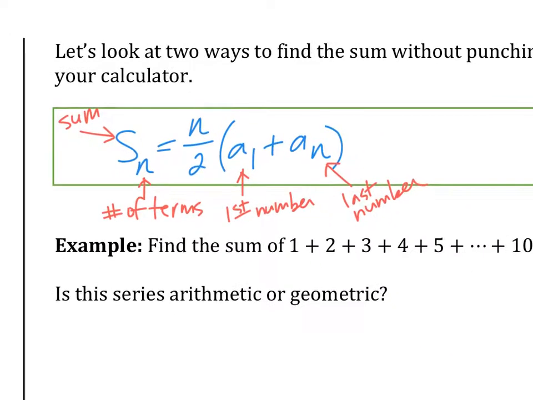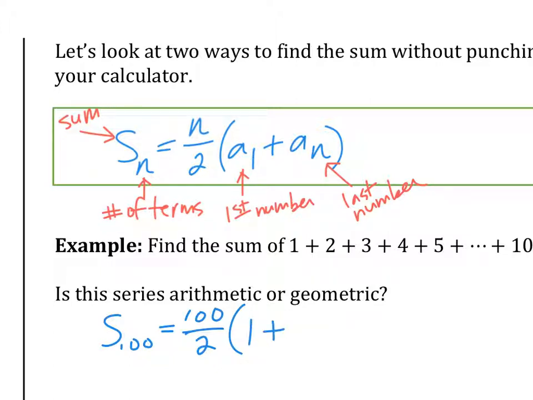Let's apply that formula to the question we started with, 1 to 100. We are going to add up how many numbers? 1 to 100, how many numbers are there? Not a hard question. 100. So n is 100, and 100 divided by 2. What is my first number that I want to add? 1.